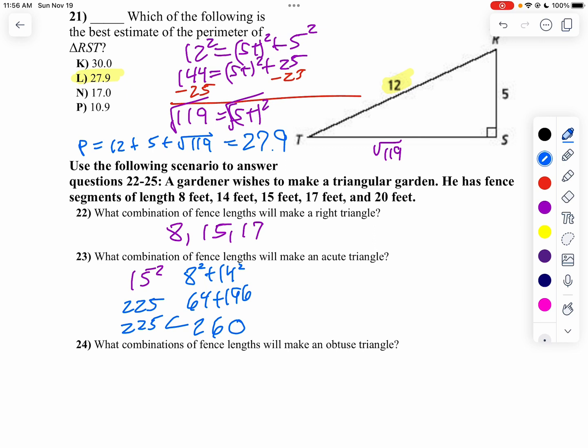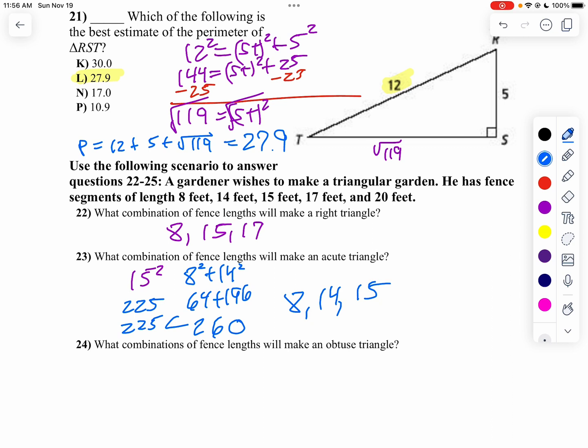So I'm going to say 8, 14, and 15. Now, are there more than one correct answer? Maybe. Will 14, 15, and 17 work? That might work too, but I like 8, 14, and 15.